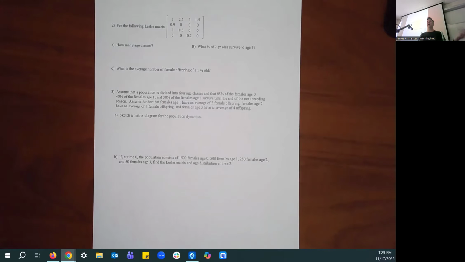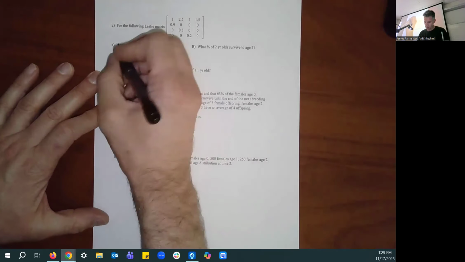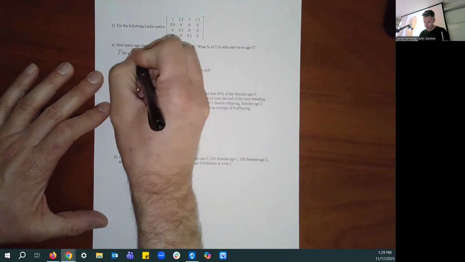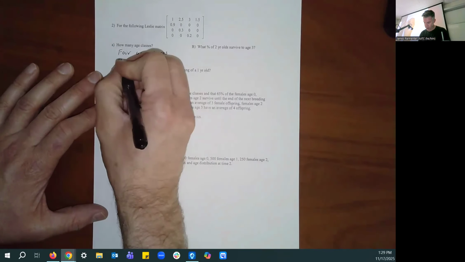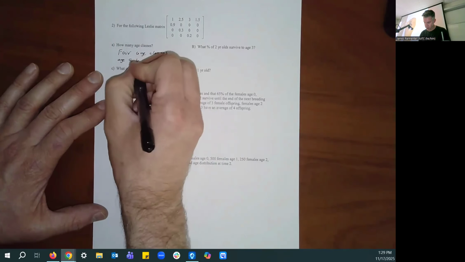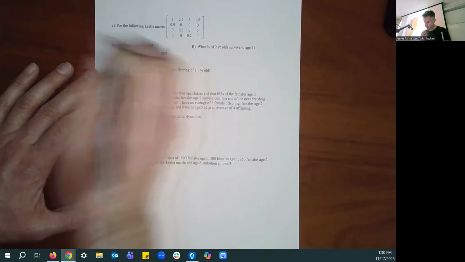And if they don't say anything about what they are, we generally assume that the youngest age class is age 0, and then age 1, age 2, age 3 in this particular example. So there are 4 age classes, and we have ages 0, 1, 2, and 3.